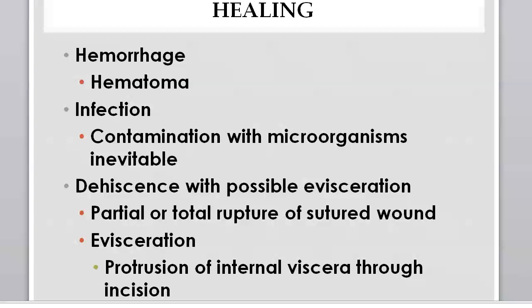Someone who's dehydrated or an obese person is more at risk for having an evisceration occur, and also poor suturing, where maybe there was poor technique back in the OR, and so it was not properly sutured or stapled correctly, and the wound opened up and eviscerated.